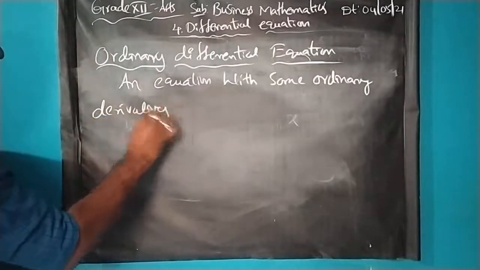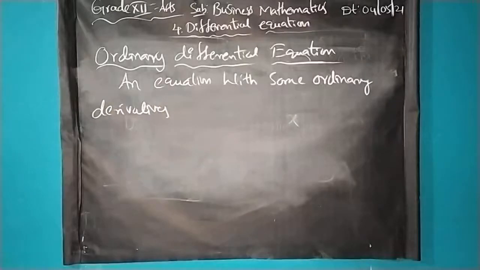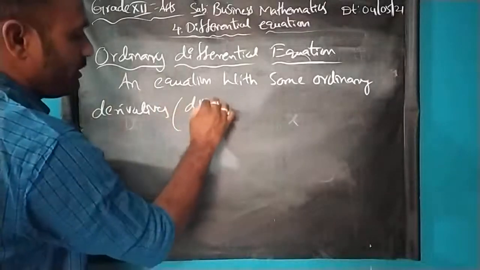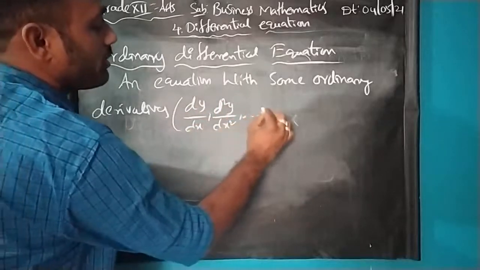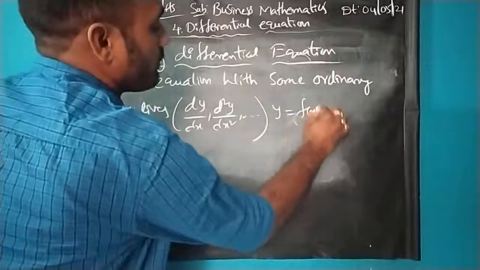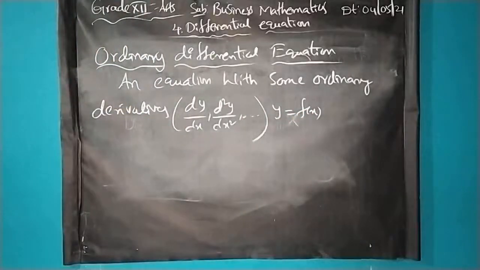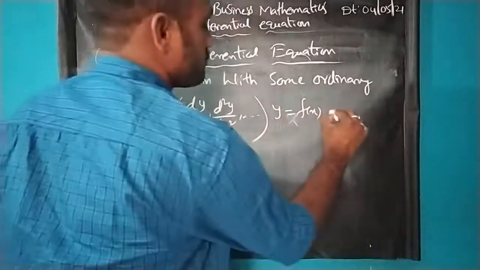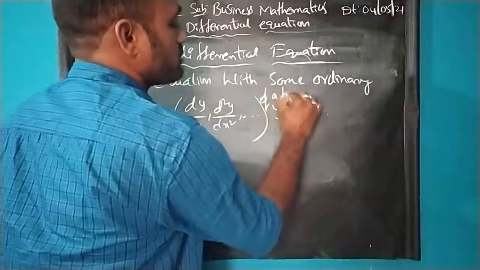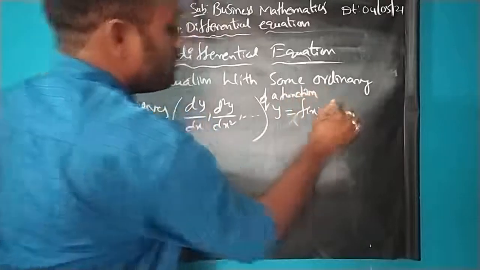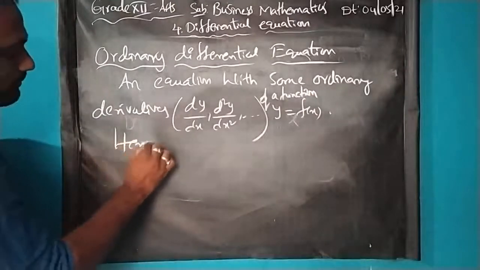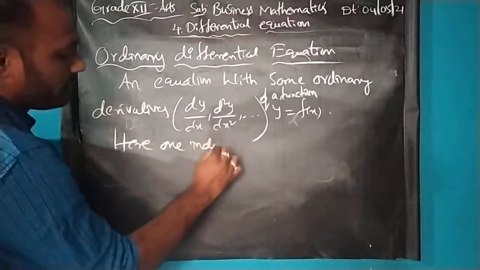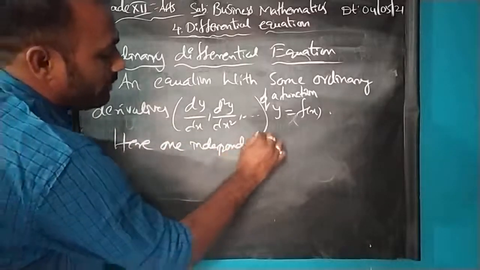For example, ordinary derivatives are dy by dx, d square y by dx square, and so on. It means y is equal to f of x, a function of a function. So this is called the ordinary differential equation. Here one independent variable will be there.